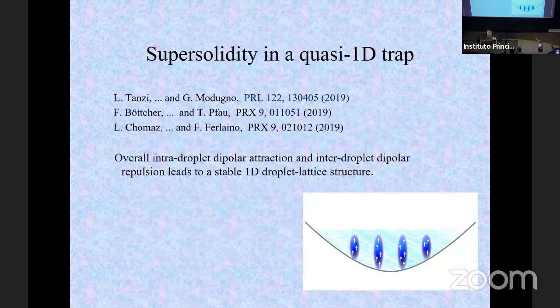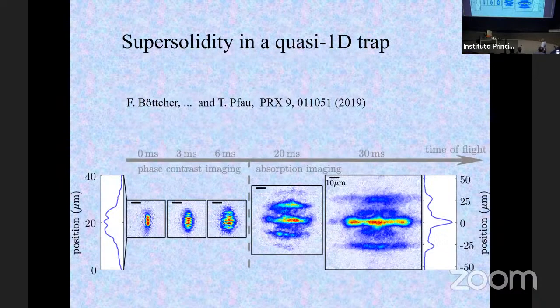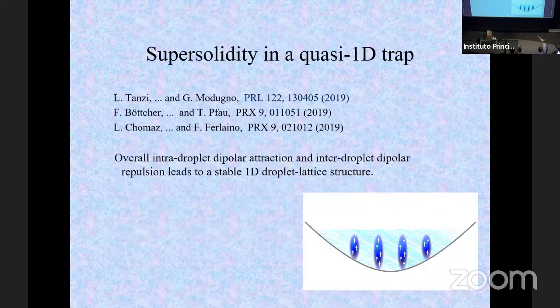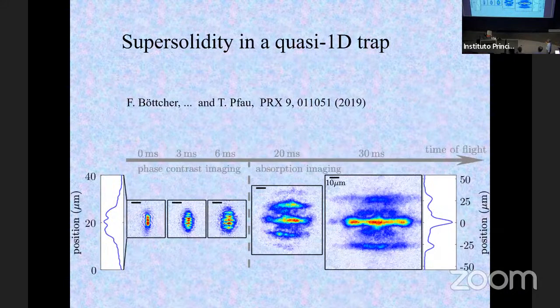So this is the 1D trap. If the trap is 1D, three experiments showed that there is formation of droplets along a line. And four or five droplets are seen at that time. This is the result of one of the experiments.